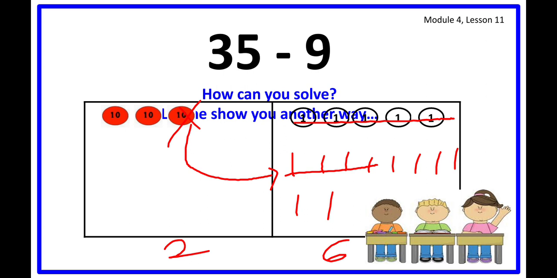So the red line there, we have to unbundle 1 ten, and we took it to the what? The 1 side. So we unbundle the 10, and we take the 10 to the 1 side. So we can now remove our 9. After removing the 9 from the 1 side, we now have 6 remaining. So in the 10 side, we have 2 remaining. 35 minus 9 is now what? 26.